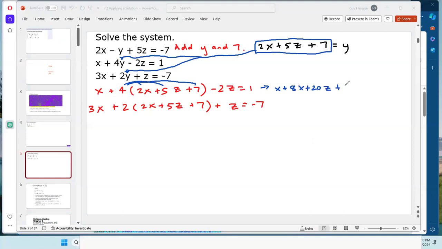You'll have the minus 2z. All of that equals 1. And clearing the parentheses here, 3x plus 4x plus 10z plus 14 plus z equals -7.